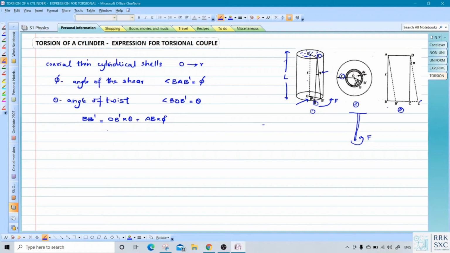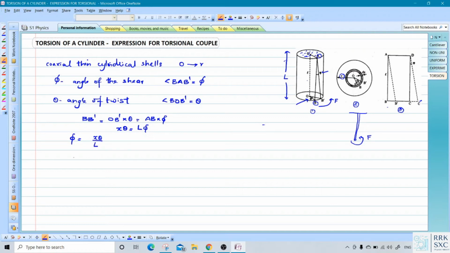So OB dash, as evident from the figure, is nothing but X into theta, equal to what is AB? AB is the total length of the cylinder, L into phi. Therefore, you can write the angle of shear phi equal to X theta by L.